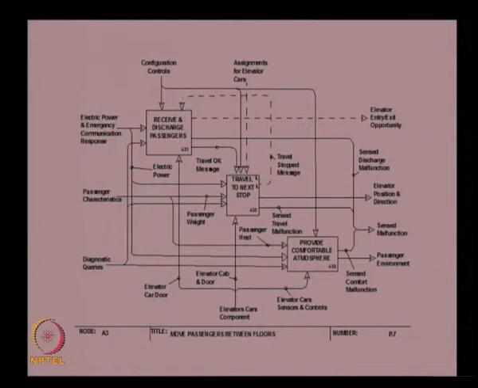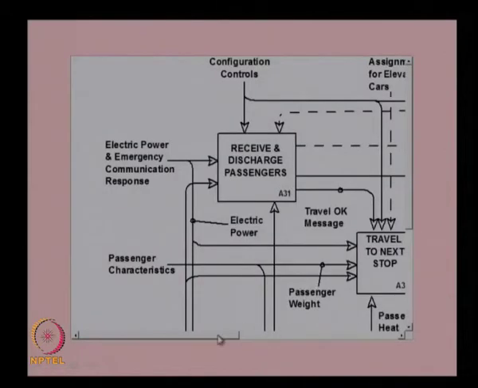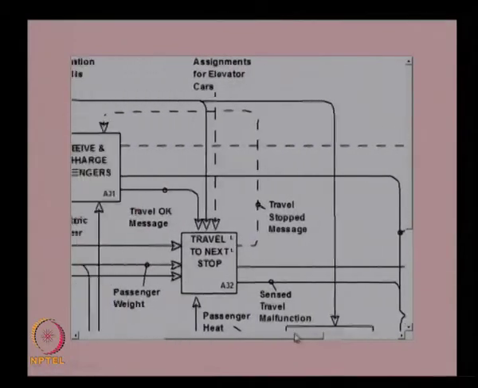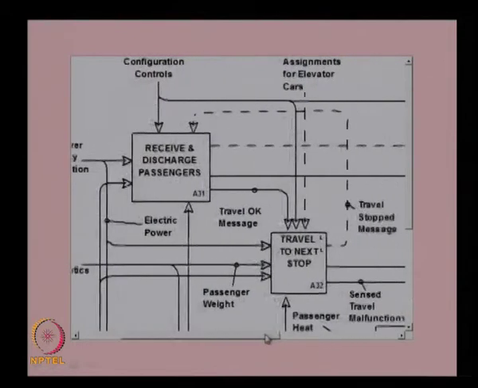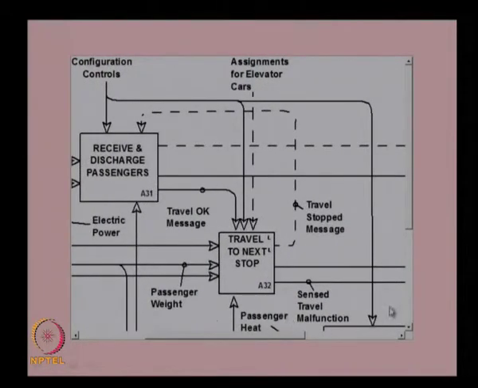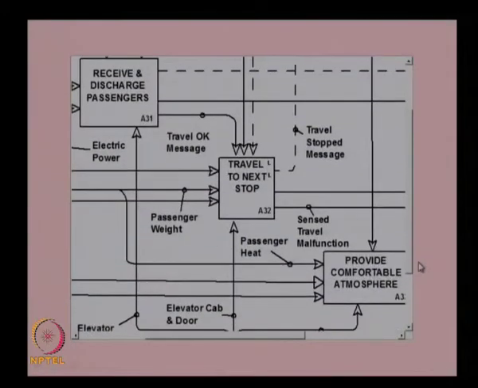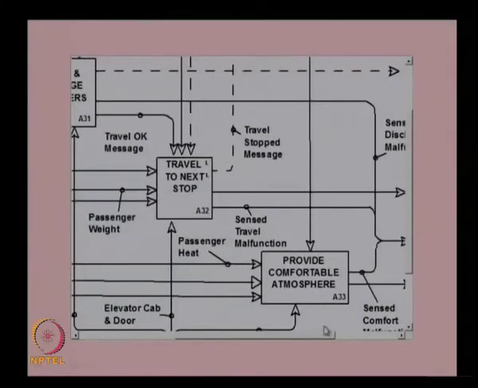So that is the A3 diagram, where it shows the decomposition into A31, A32 and A33. This is the detailed diagram here. So receive and discharge passengers and travel to next stop is the A32 function, and then you have this provide comfortable atmosphere to the passengers.